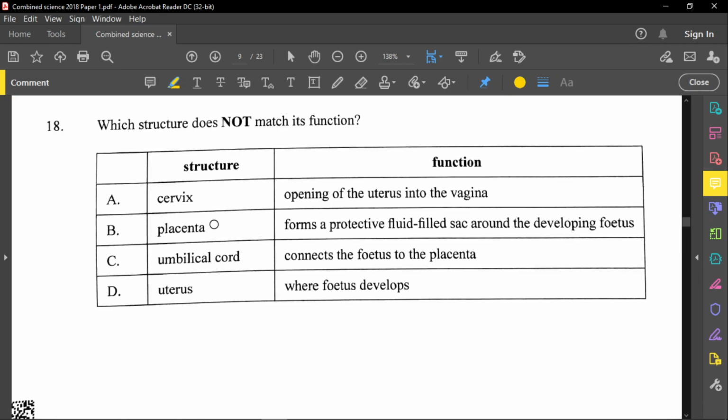The placenta is the filtering organ and the organ that supplies nutrients to the baby, or it is the organ between the baby and the mother in terms of supplying nutrients and filters the mother's blood. What forms a protective fluid sac? That is called the amniotic sac. Okay, so this is not a true statement right here. Umbilical cord connects the fetus to the placenta, definitely. Uterus, where the fetus develops, definitely correct. So B is the incorrect statement.